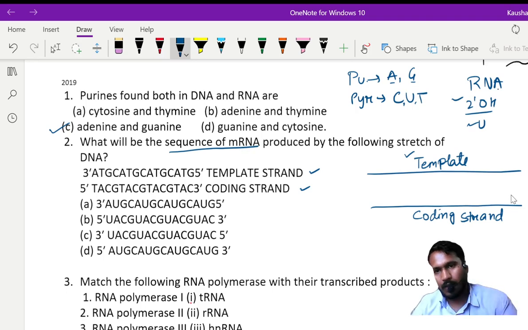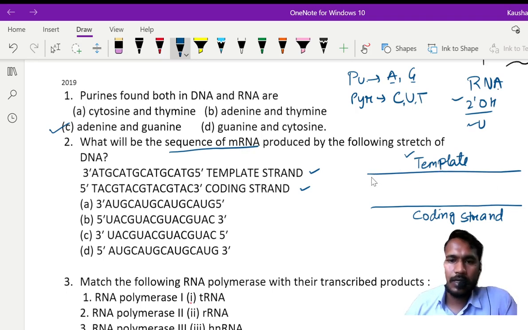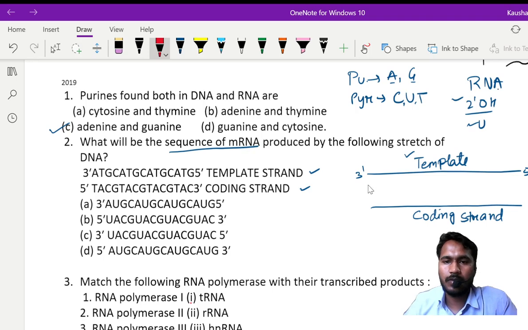So the template is the frame structure on which the new mRNA is going to be formed. This is 3 prime to 5 prime, so the new mRNA will form from 5 prime to 3 prime. Got it?